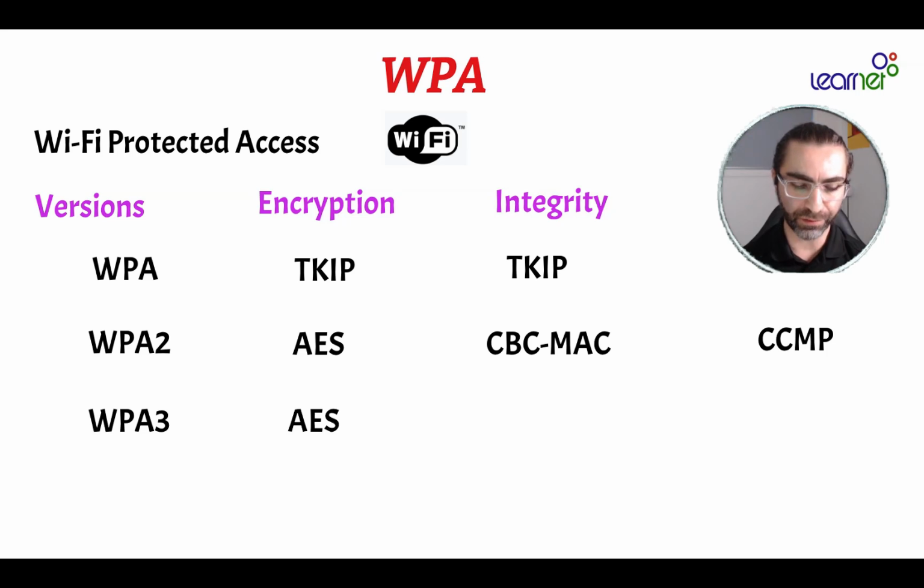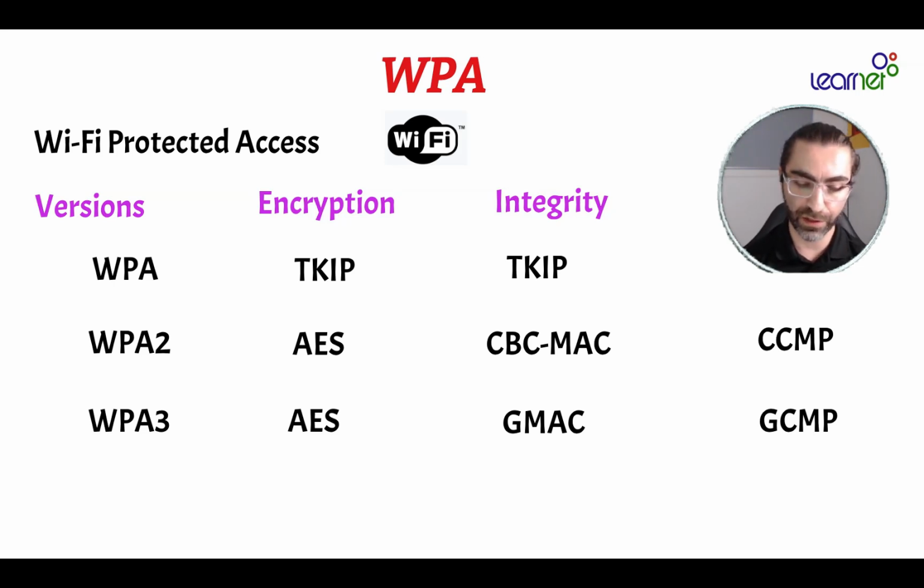That counter is coming from AES because it's using AES counter mode encryption. And WPA3 also uses AES for encryption and uses GMAC, which stands for Galois Message Authentication Code. And Galois is the name of the French mathematician who introduced this algorithm that is being used in this protocol.